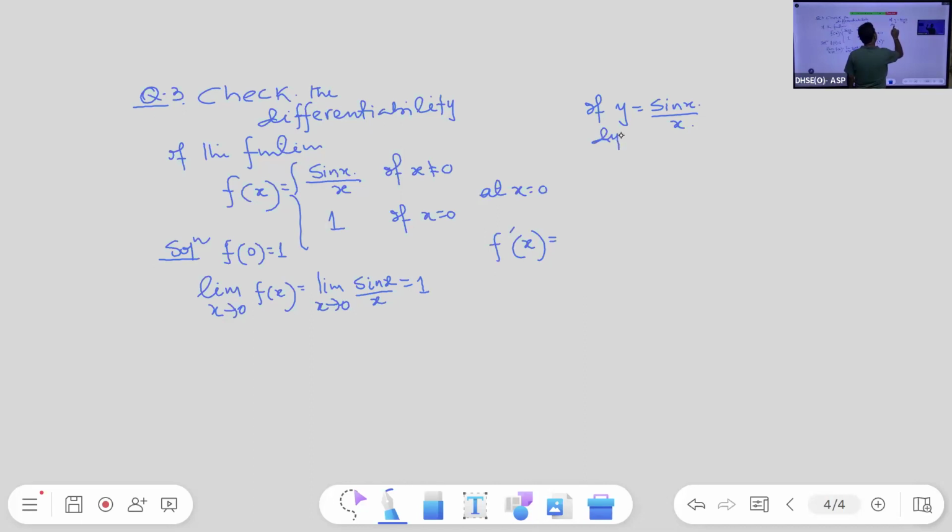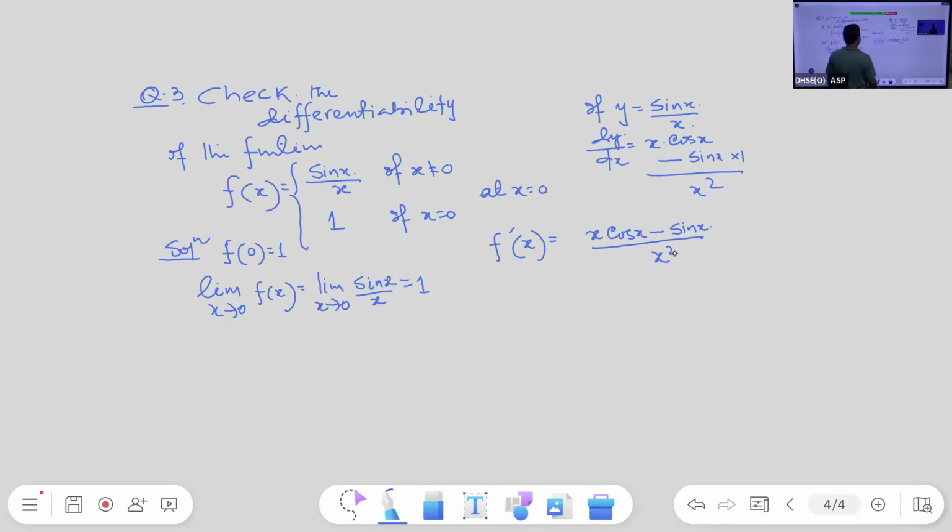By using the quotient rule. dy upon dx is the derivative of numerator into denominator, that is x into cos x, minus sin x into the derivative of x, which is 1, divided by the denominator square, that is x square. So f dash x is equal to x cos x minus sin x upon x square, right?